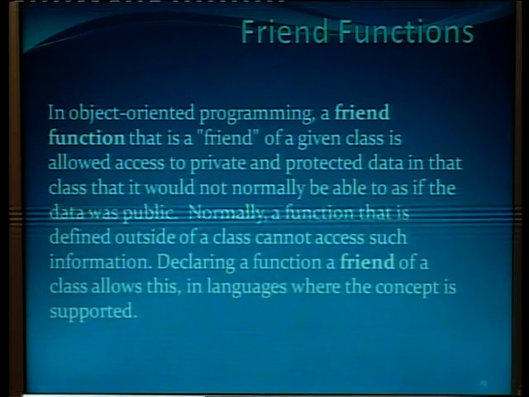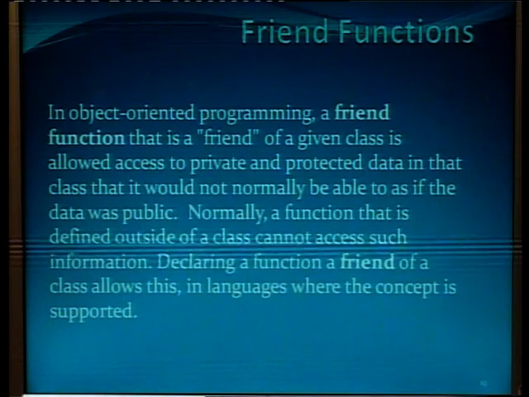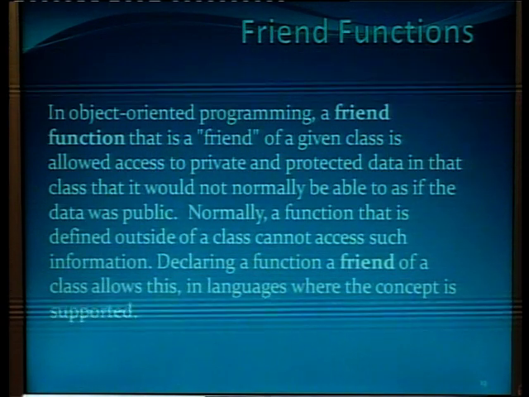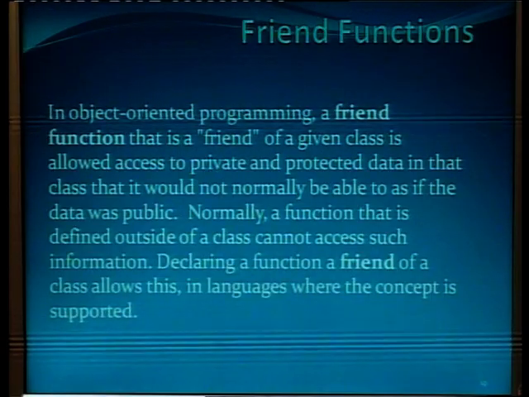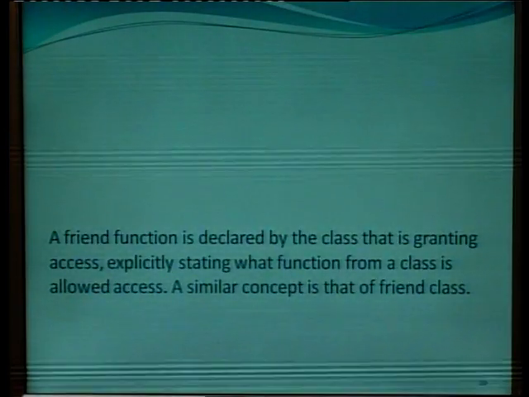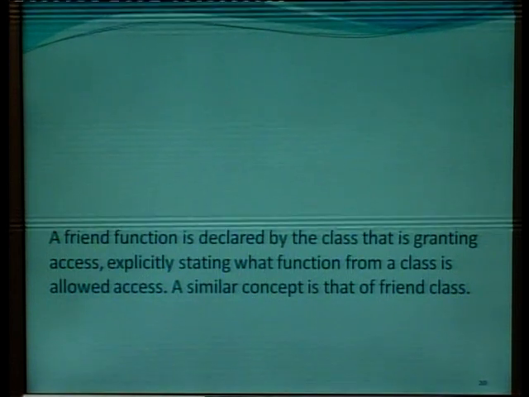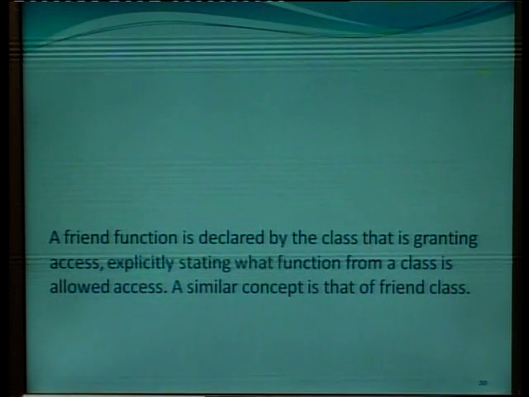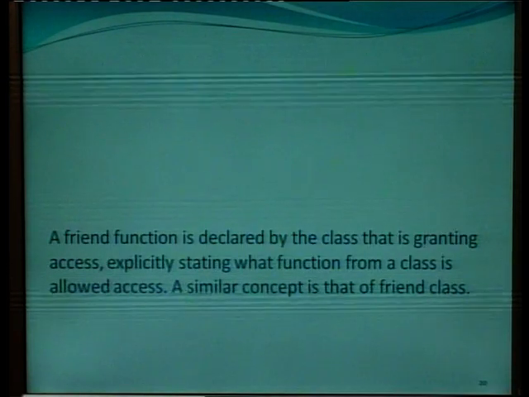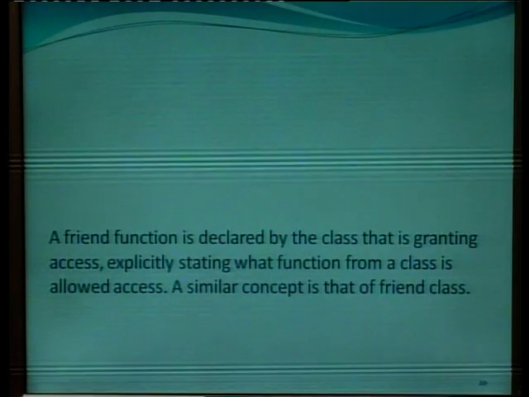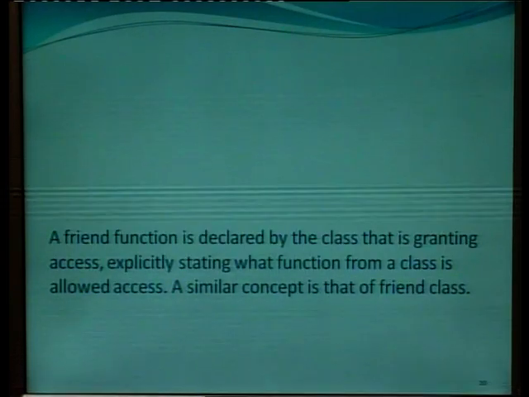Declaring a function a friend of a class allows this in a language where the concept is supported. A friend function is declared by the class that is granting access, explicitly stating which function from a class is allowed to access.